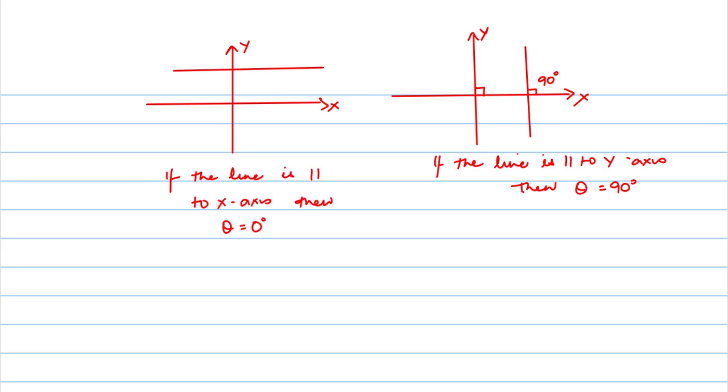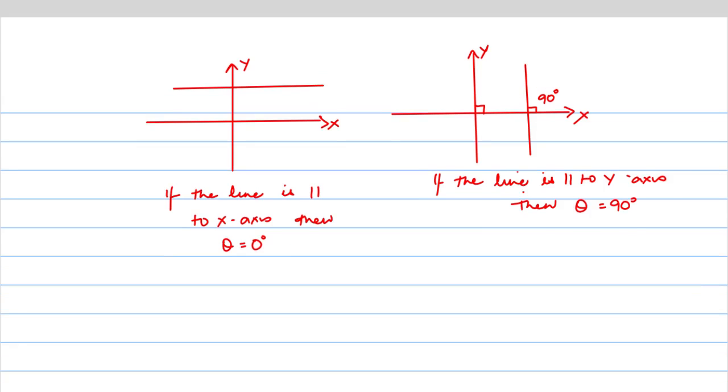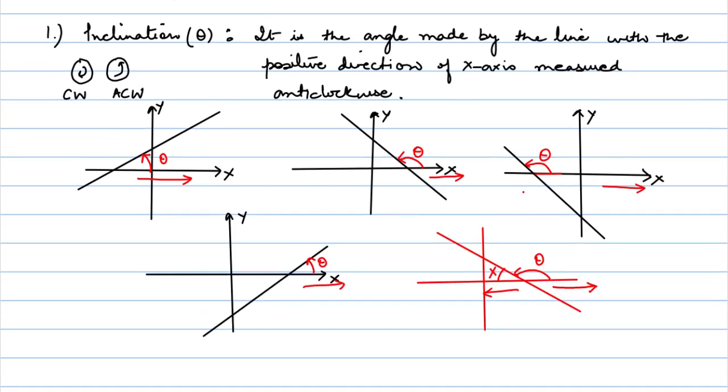These 2 points you have to remember. If the line is parallel to the y-axis, the angle of inclination is 90. If the line is parallel to the x-axis, the angle of inclination is 0. In all the other cases, we will have to find the angle, and we will take the angle which the line makes with the positive direction of the x-axis, measured anti-clockwise.